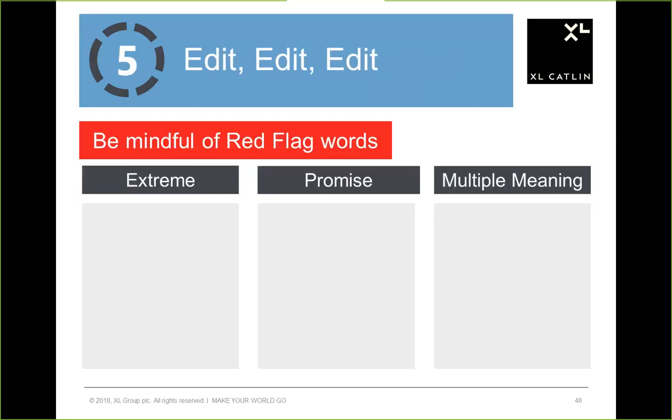The next practice is this issue of edit, edit, edit. It's far too easy, and it's easy for us to understand why we fall into this trap, but it's far too easy for us to punch out an email, glance over it once and hit the send button. What I'm going to suggest is that we take a few moments and carefully read it.